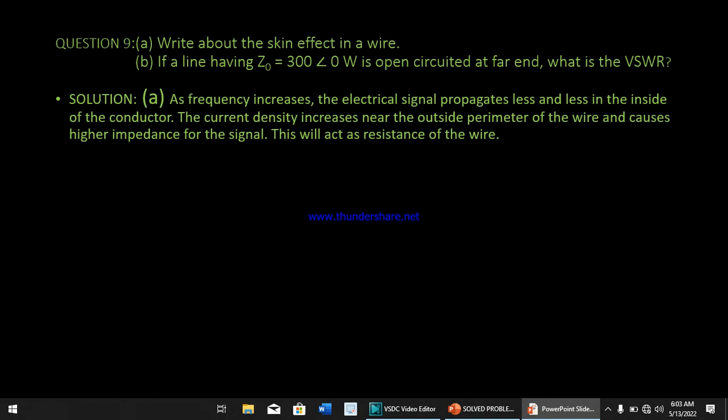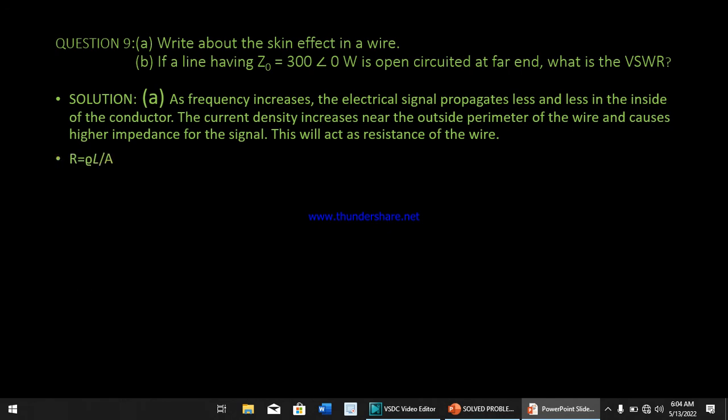In a wire, as frequency increases, the electrical signal propagates less and less in the inside of the conductor. This current density increases near the outside perimeter of the wire and causes higher impedance for the signal to propagate further, and this will act as the resistance of the wire.